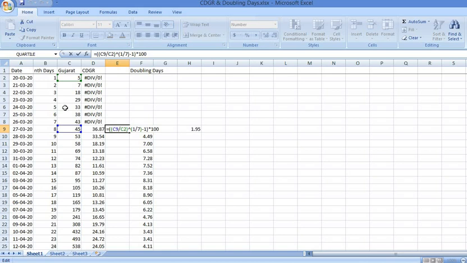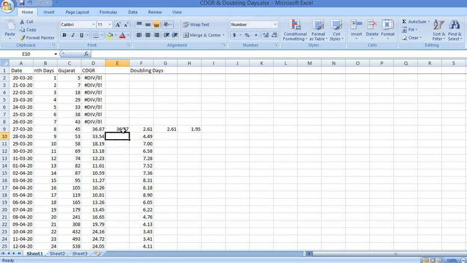It means 8 observations are taken into consideration. So the 8th day cumulative cases will be divided by the first day cumulative cases, and that value is raised to the power of 1 by 7, and then minus 1 and multiply by 100. Thus that gives us CDGR. So that is the formula.